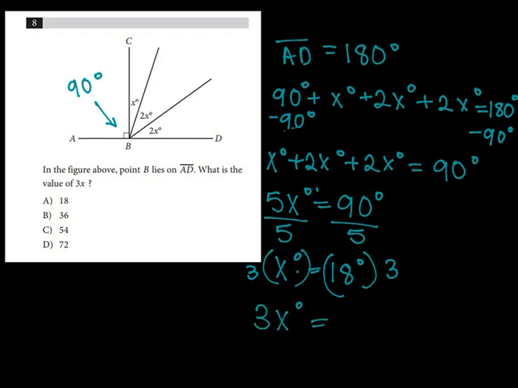So 3x degrees, so 18 times 3 would just be 54. So the value of 3x is 54, and in our options, option C is equivalent to 54, so that is our answer.